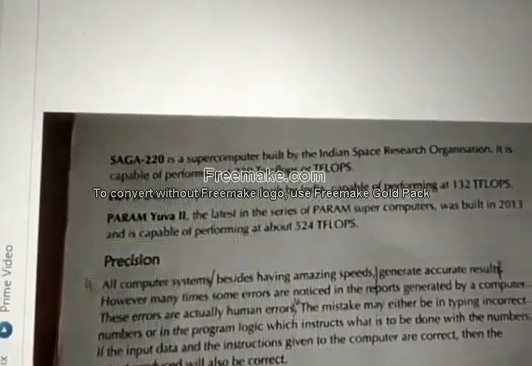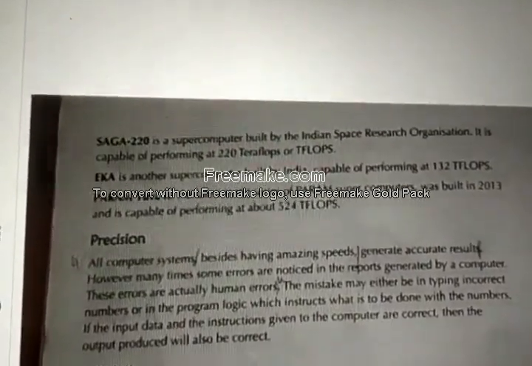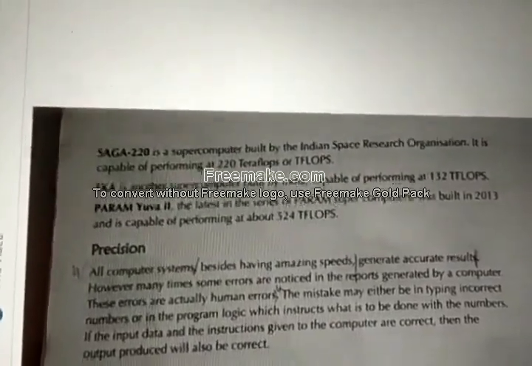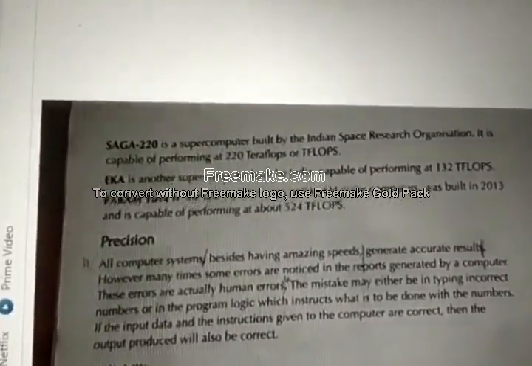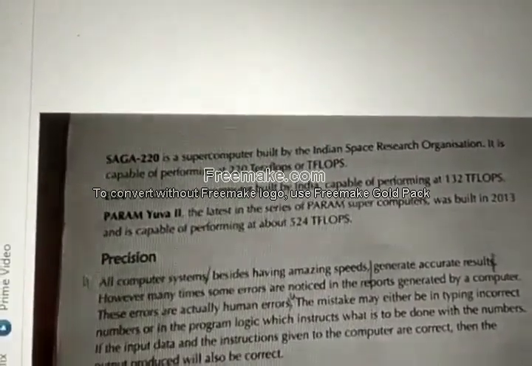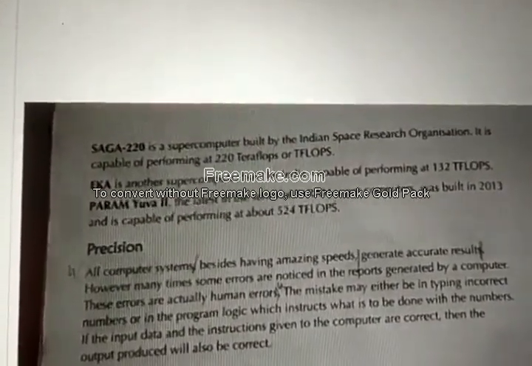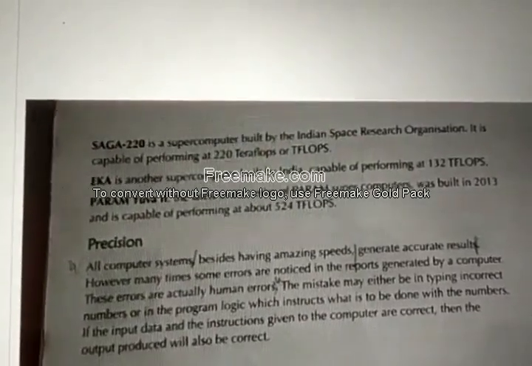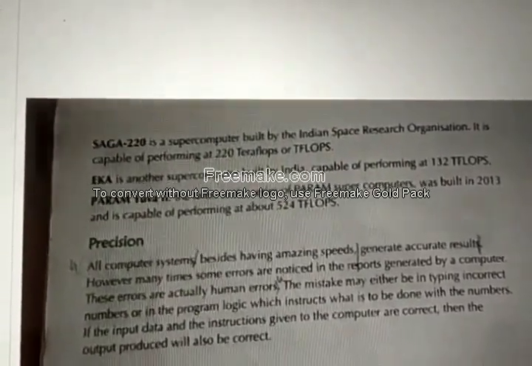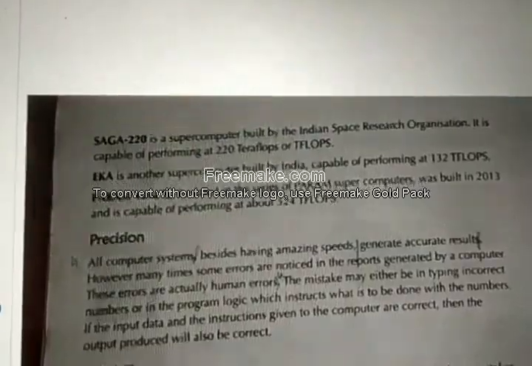In our normal computers, it is a little bit complicated, but try to understand. In normal computers, as we use at home, the speed is measured in million instructions per second, MIPS.